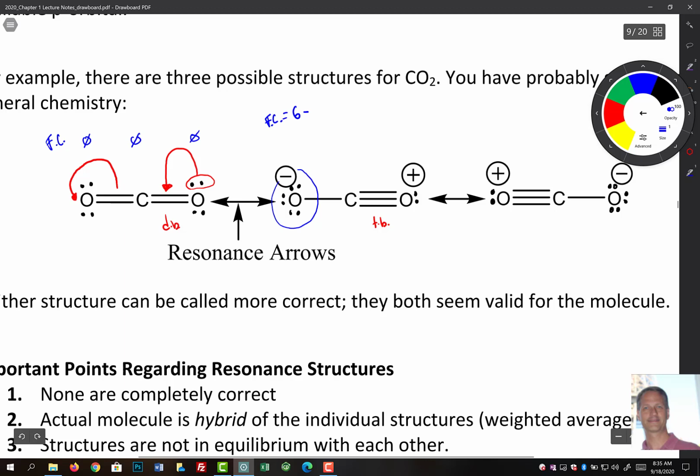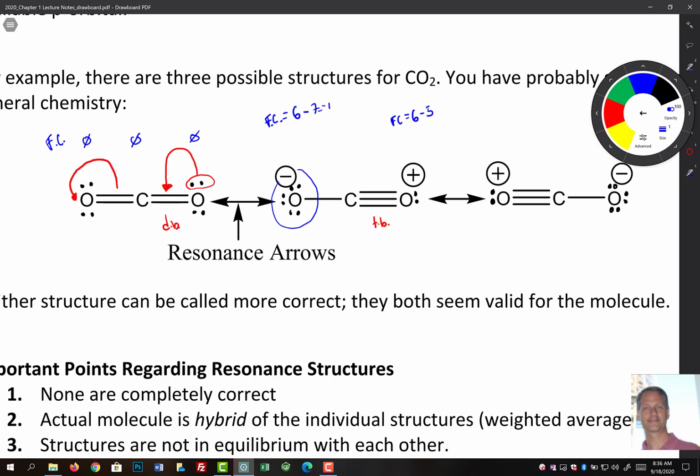It has 2, 4, 6 in lone pairs, and 1 from the single bond, that's 7. So it gives you a minus 1. Down here, the formal charge is a plus 1, because it wants 6, and right now it has 1, 2, and then 3, 4, 5 around it, so it has 1 lone pair.